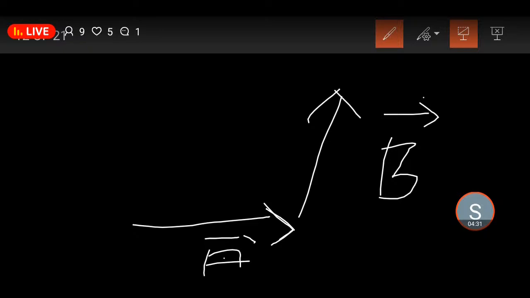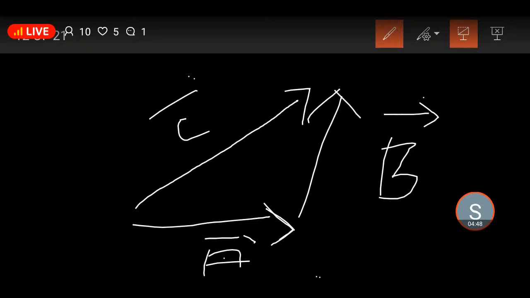You have to connect the starting point to the terminal point, as I said in the video. The starting point is this and the ending point is this, so you draw an arrow like this. This is the C vector, which is called the resultant vector.